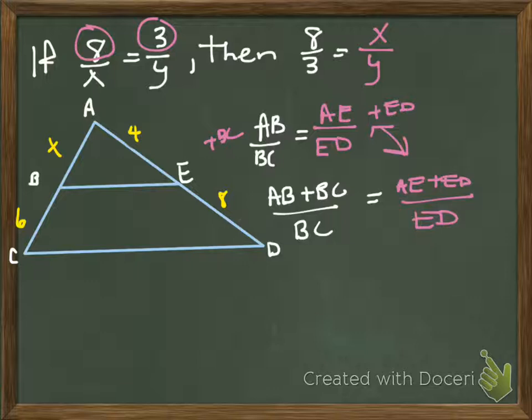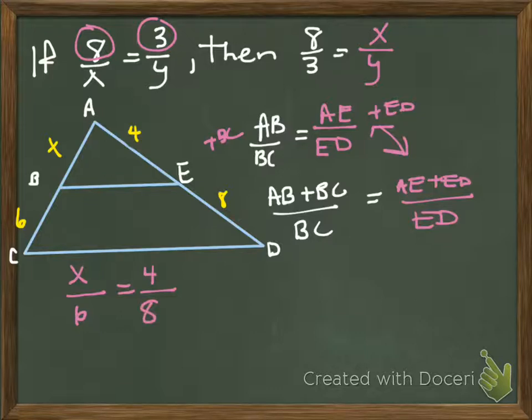Now that's not really solving any problems, it's kind of setting those things up for us, but if I wanted to solve a problem, I could look at solving a problem that looks like this. If I have AB, which is x, and I put it over BC and the actual value of BC, which is 6, I can set it equal to AE, which is 4, over ED, which is 8, because that's based on our proportions, right?